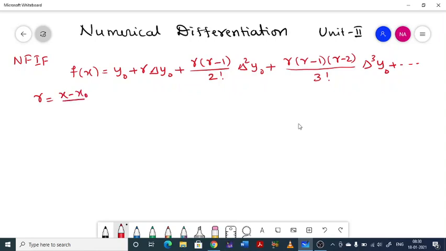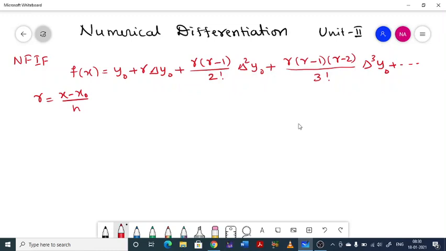So here r depends on x. See, y equal to f of x will be the given function where x is the independent variable and y is the dependent variable. Now we have r equal to (x minus x naught) divided by h, so r is also a function of x.